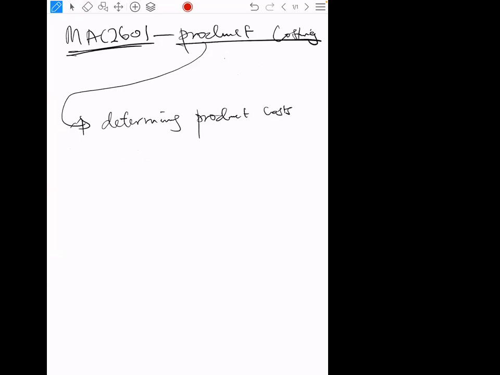So in determining product cost, okay, what is a product? A product could be anything, what we call a cost object. The other name for a product in accounting, in MAC, is a cost object. Later on, they will define for you what is a cost object.